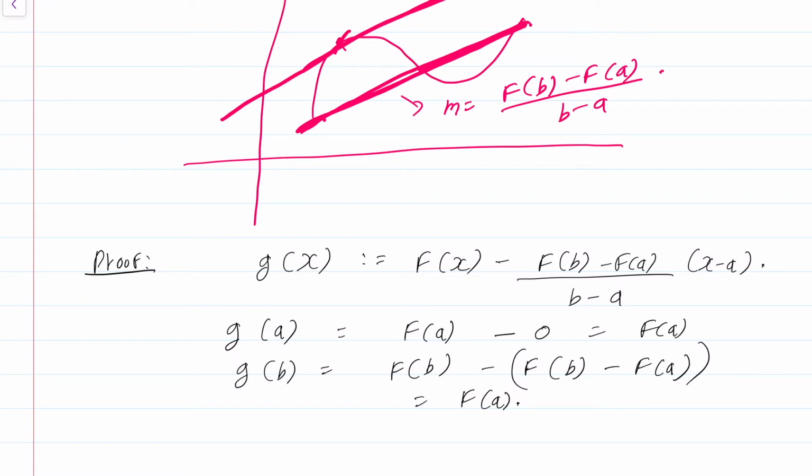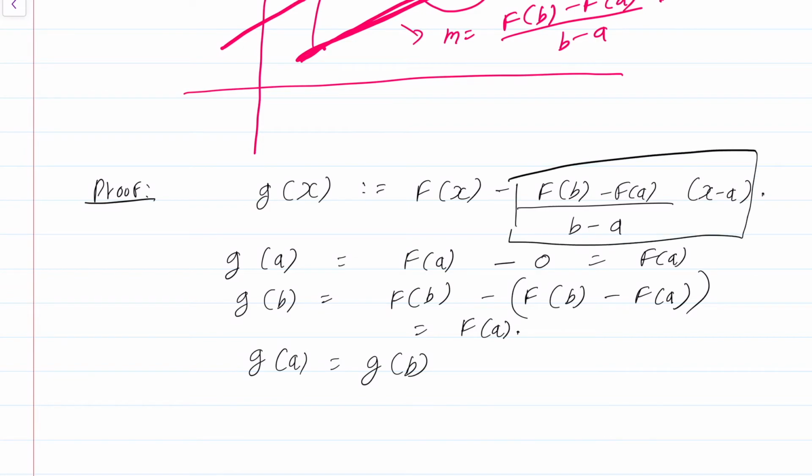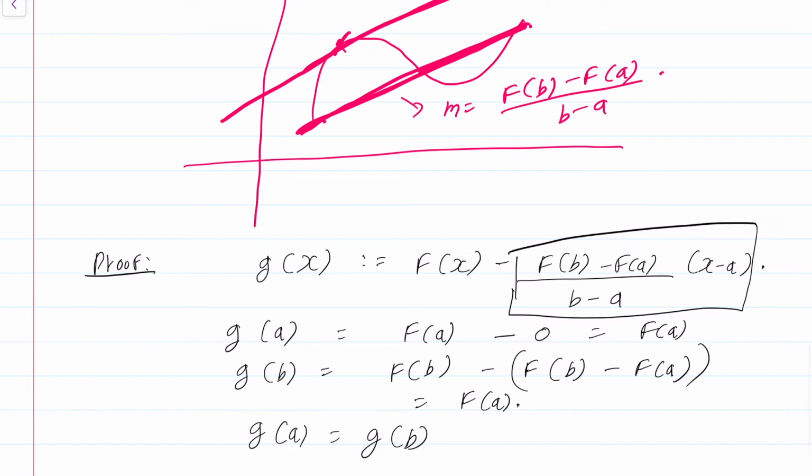So what we have managed to do is make g of a equal to g of b by subtracting this f of b minus f of a by b minus a into x minus a. Actually, to illustrate the point that I'm going to make this a graph over this particular line, it's better to have subtracted a slightly different function, but this will do the job for us.